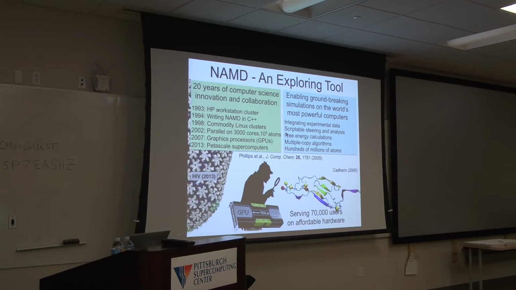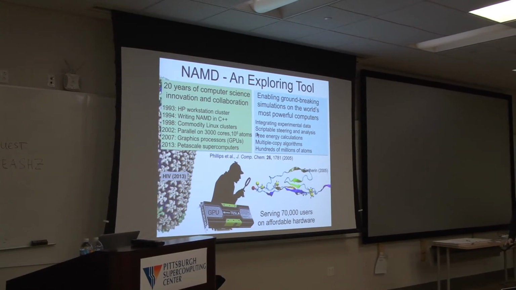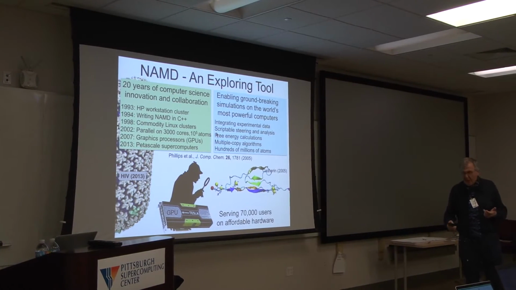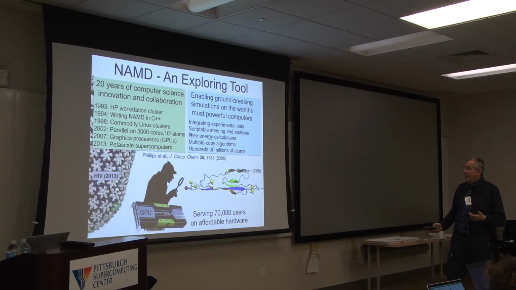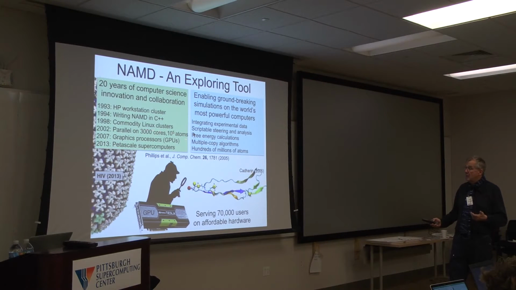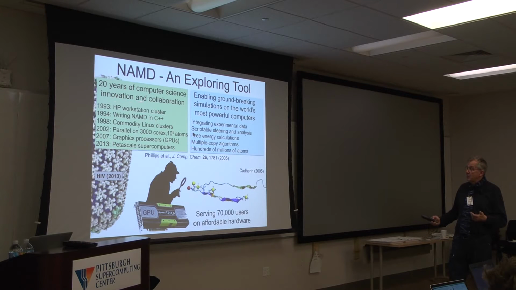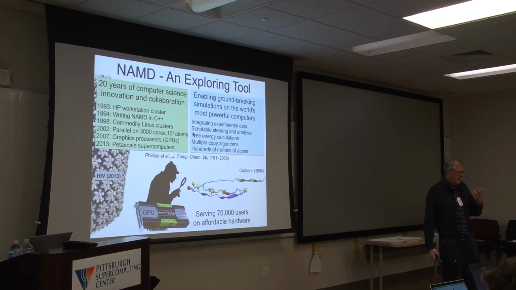We used then commodity Linux clusters. Those were still times where companies were selling their operating system for an expensive price. And we said, no, we just go with cheap Linux. It's good enough for us. And then we went to parallel computing, already with the clusters. The first parallel computer, actually in 1990, we built ourselves.